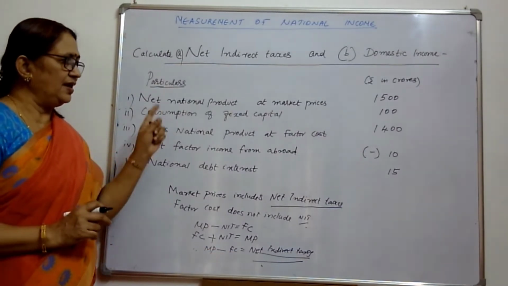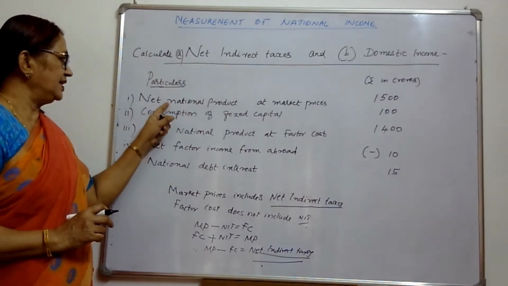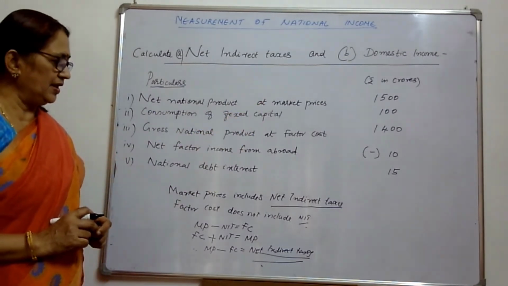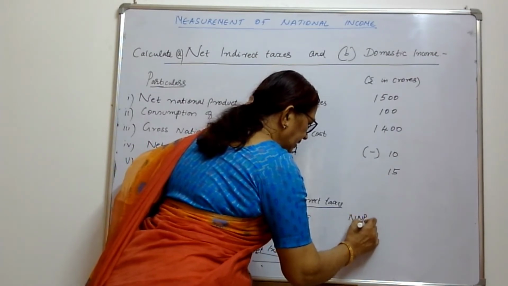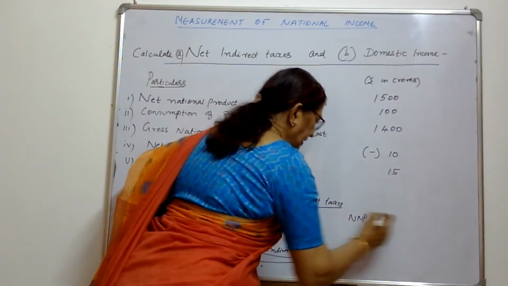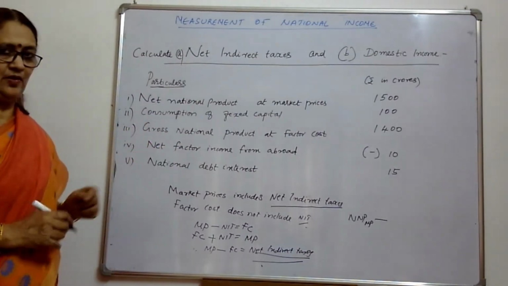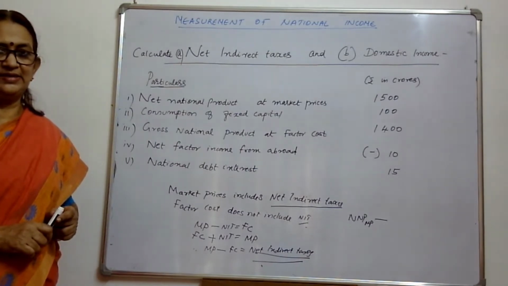So we will check which concept at market price is given here. It is net national product at market price. So according to the given data, NNP at market price minus NNP at factor cost, we will get net indirect taxes.